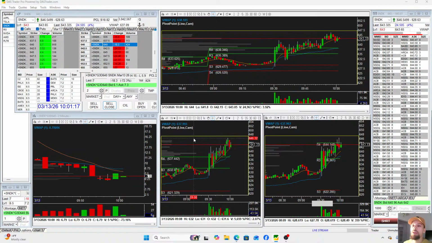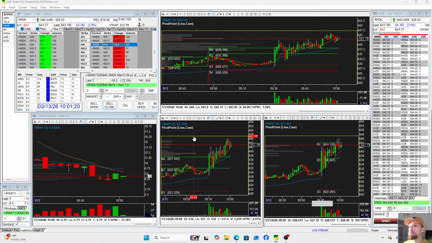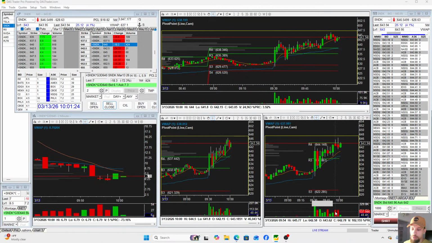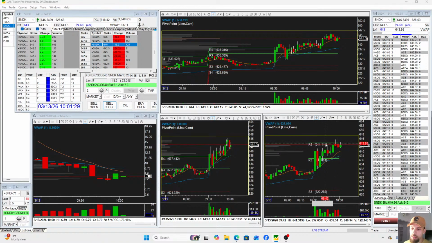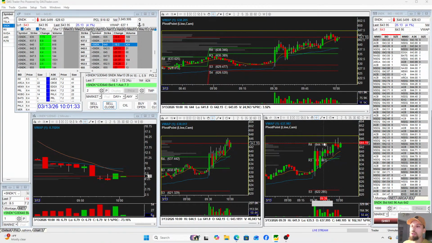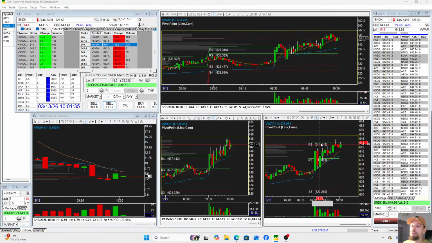Still just watching this SNDK here. Want to see if it's going to push up. On the 3-minute chart, I have some decent volume here. Showing some initial resistance. Testing R4 as well. This could be a good potential area for a short.